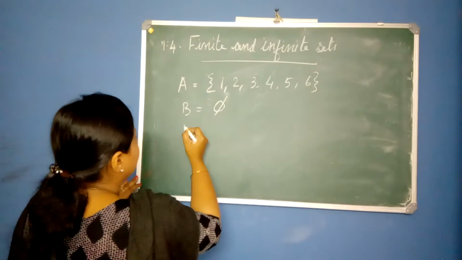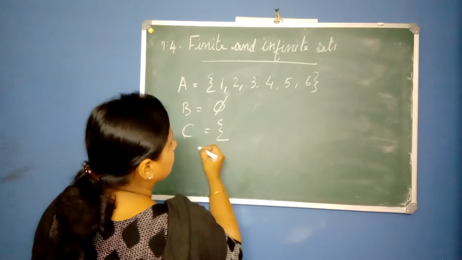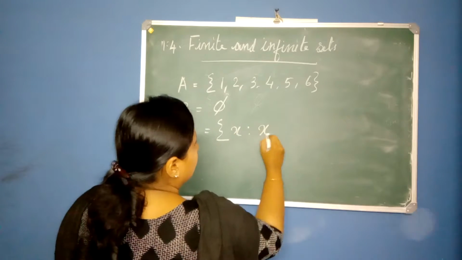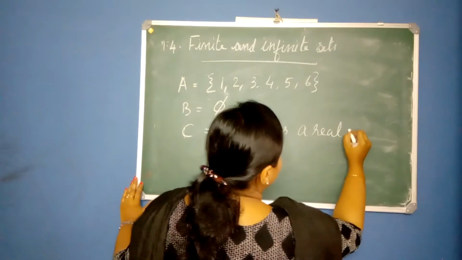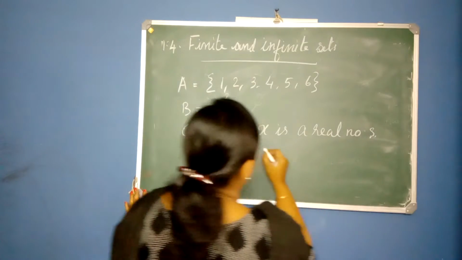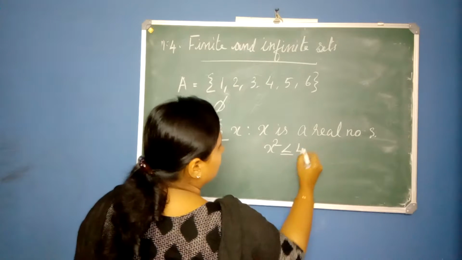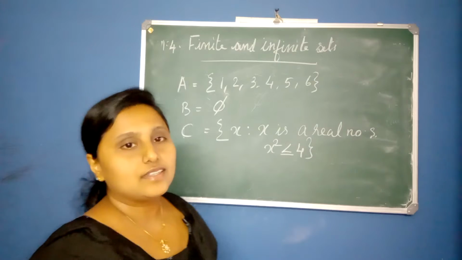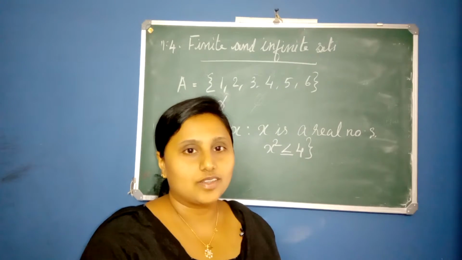Then let us consider another set C, the set of all x such that x is a real number such that x square is less than or equal to 4.